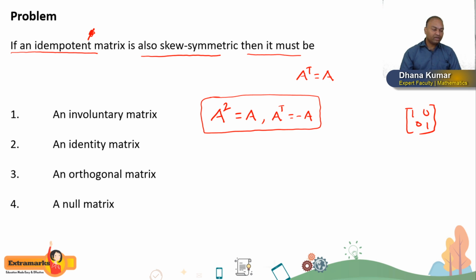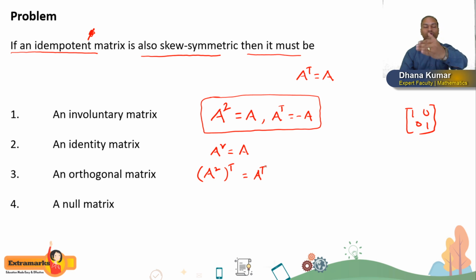Simple thing. Let us say here the first condition I am taking: A square is equal to A. Now the second condition, A transpose, is there. So by applying transpose on both sides, it becomes A square whole transpose is equal to A transpose.